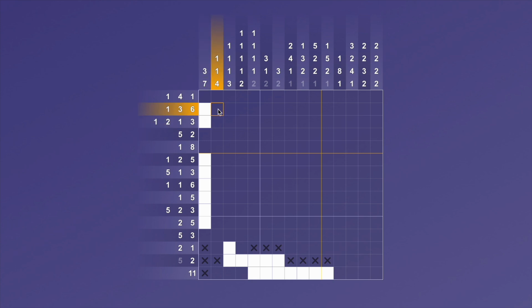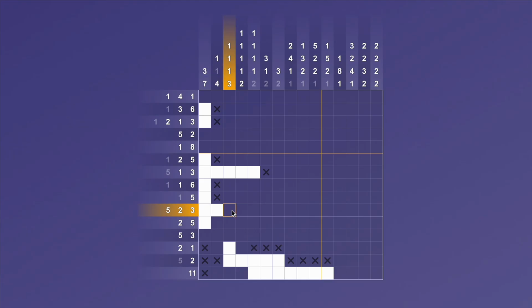And in this row, it starts with 1, so I'll have X. This row starts with 1, so I'll have X. This row starts with 1, so I will have X. This row starts with 5, so I have 1, 2, 3, 4, 5, and then X. This row starts with 1, then I have X. This row starts with 1, then I have X. This row starts with 5, 1, 2, 3, 4, 5.